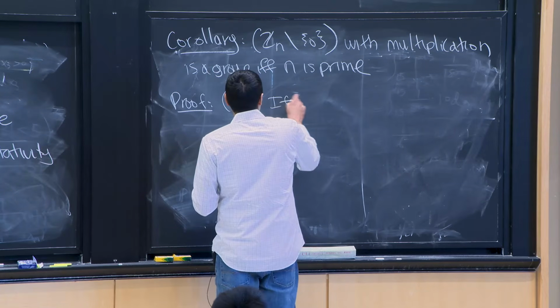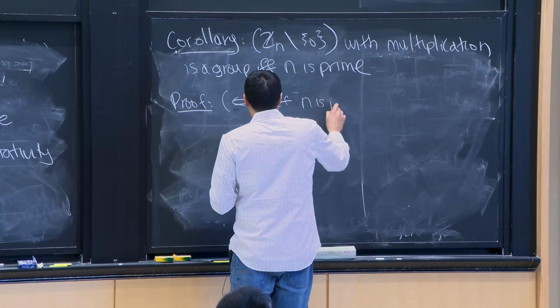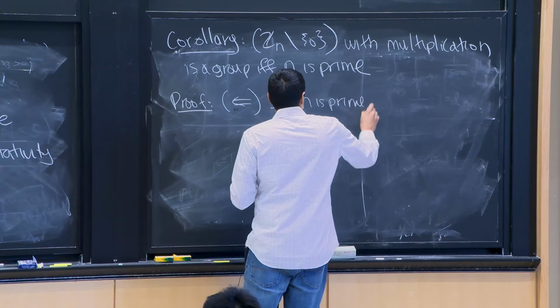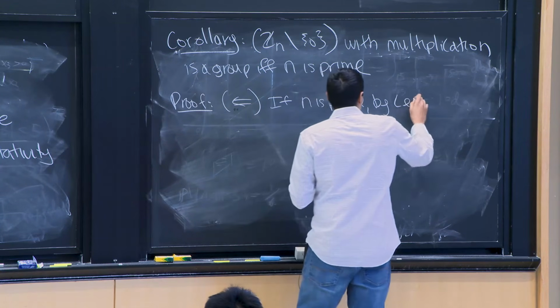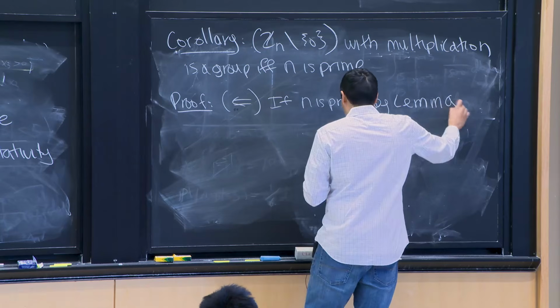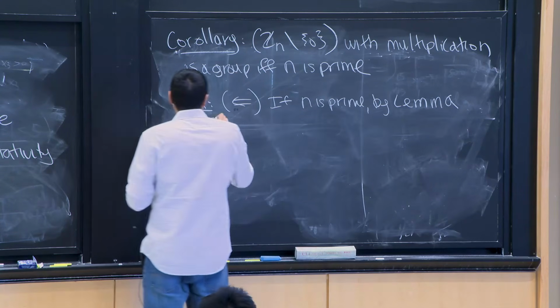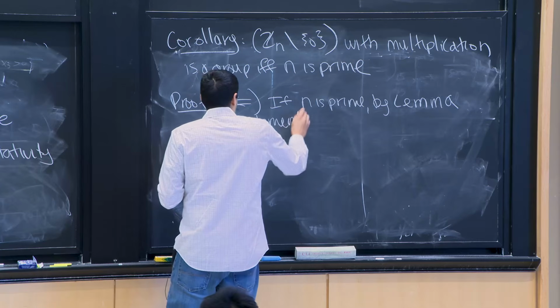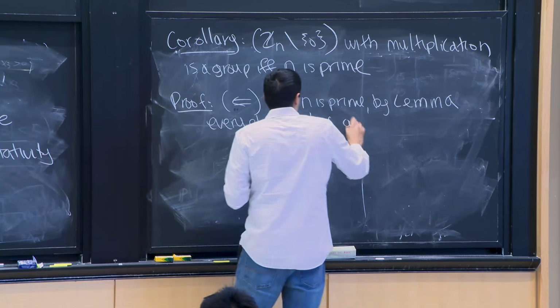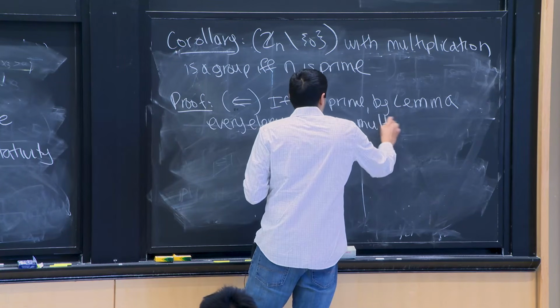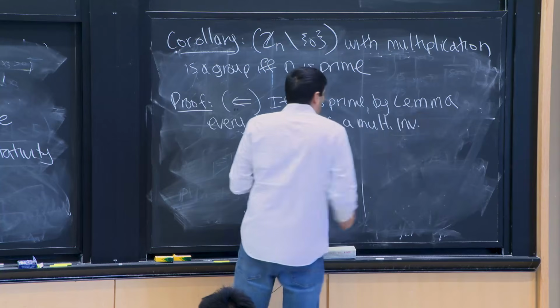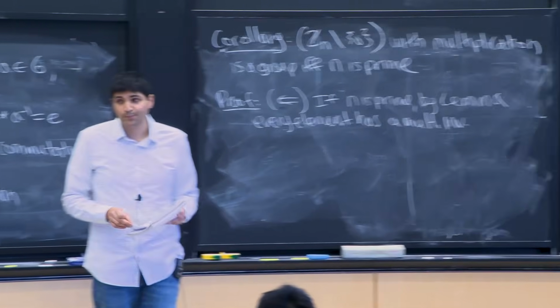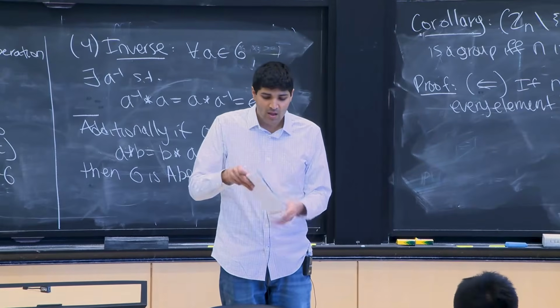And from our lemma, if n is prime, we know by the key lemma from last time that every element has a multiplicative inverse. So that proves one direction of our corollary.